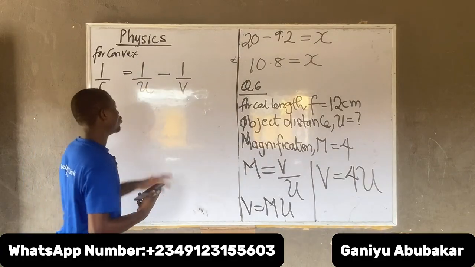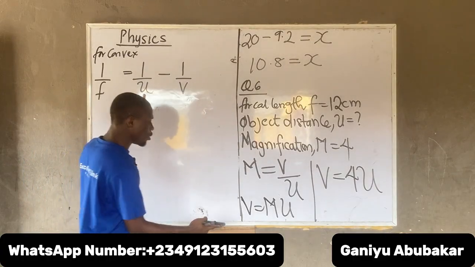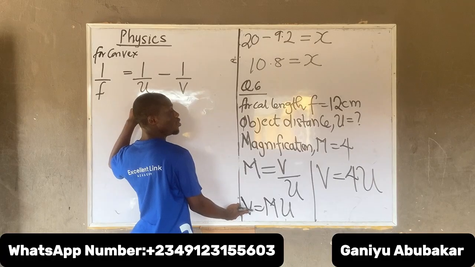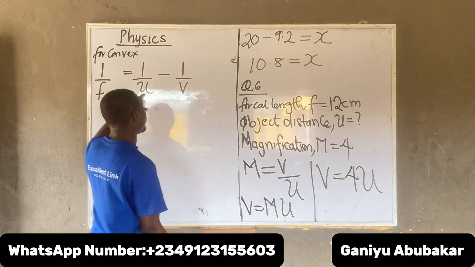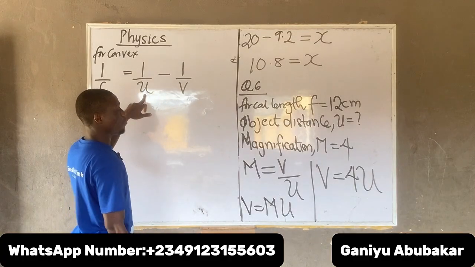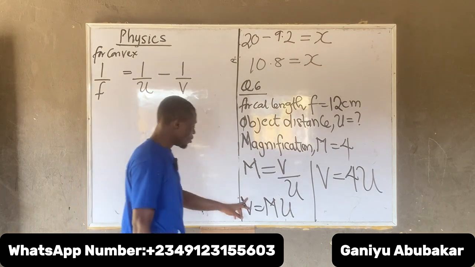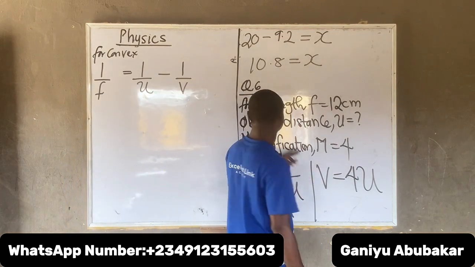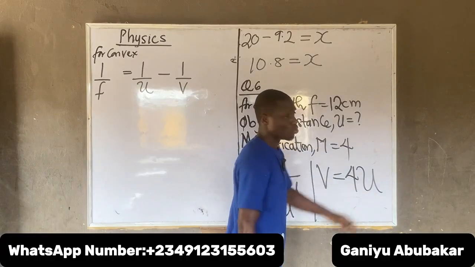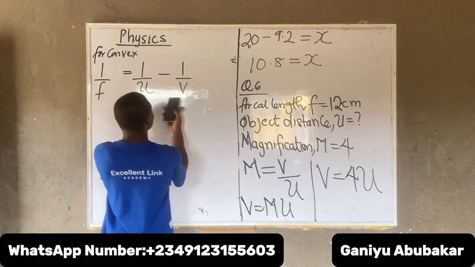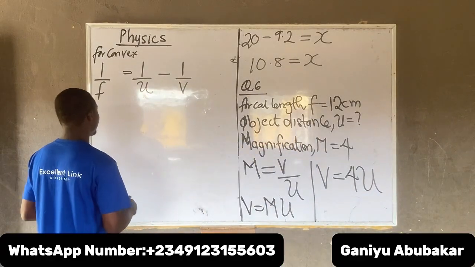We are asked to find u. The reason I said we should not make u subject is that we would be complicating things. So make v subject and replace v with 4u, so everything here now becomes u.